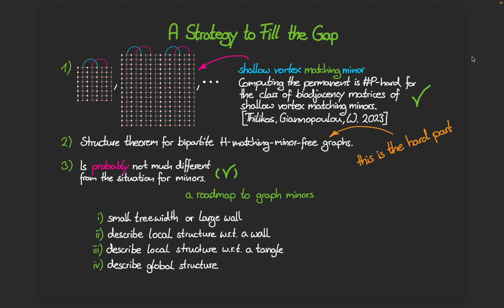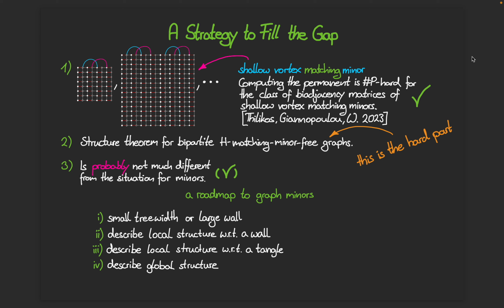So how would you prove such a general structure theory? The first one is you need a notion of tree width. This is what Robertson and Seymour did. They invented tree width for this reason. And then you need to prove that there is a duality: you either have a graph of small tree width, which is a case where we are fine, we can compute the number of perfect matchings, or you have a large wall or some sort of structural certificate that says the tree width is large. And then as a second step, you need to describe the local structure of your graph with respect to this wall.